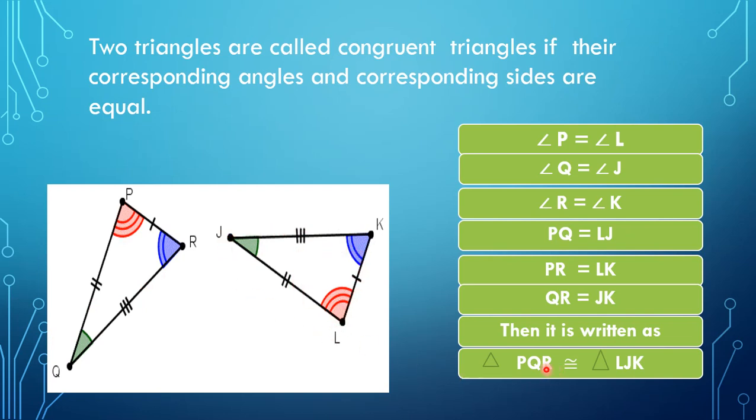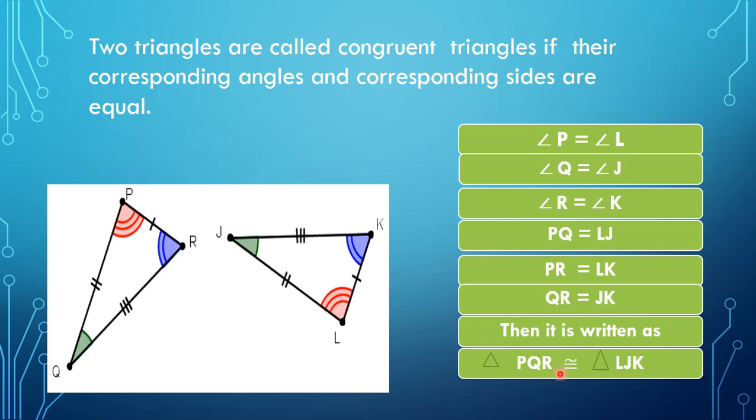Now these two triangles are congruent as the corresponding sides and angles of the two triangles are equal, and we write triangle PQR is congruent to triangle LJK. Remember, this sign is the sign of congruency.